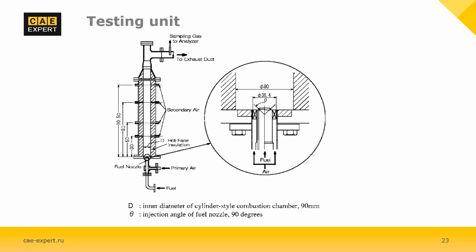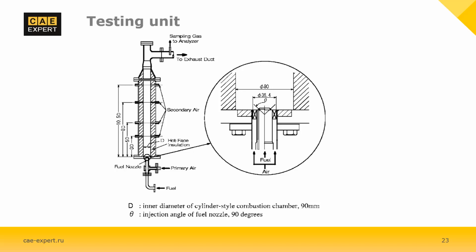Figure shows an outline of the combustor and the tested burner. The combustor consists of a cylinder-style combustion chamber with an inner diameter of 90 mm and length of 1000 mm, and a primary air swirler and fuel injection nozzle.